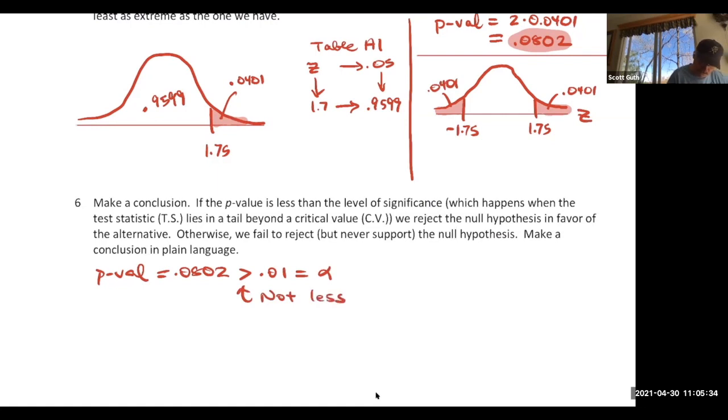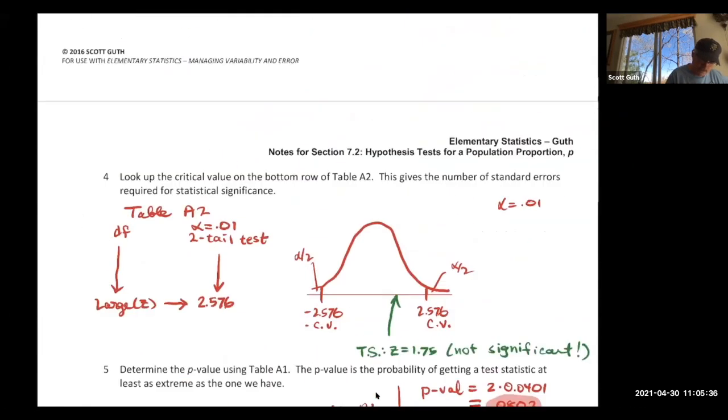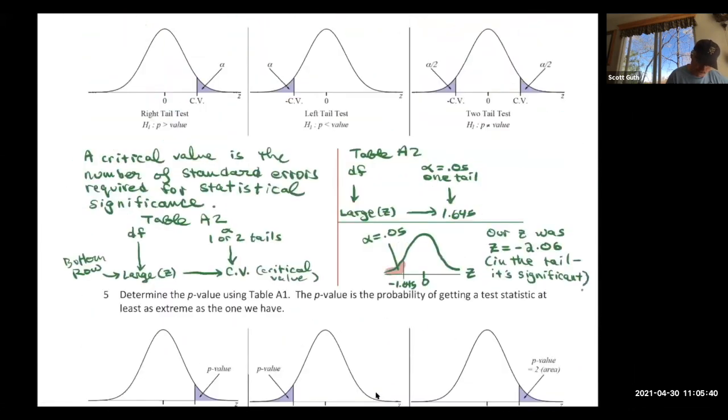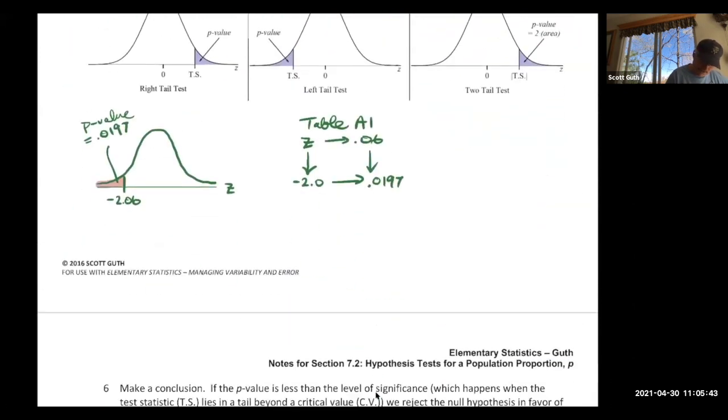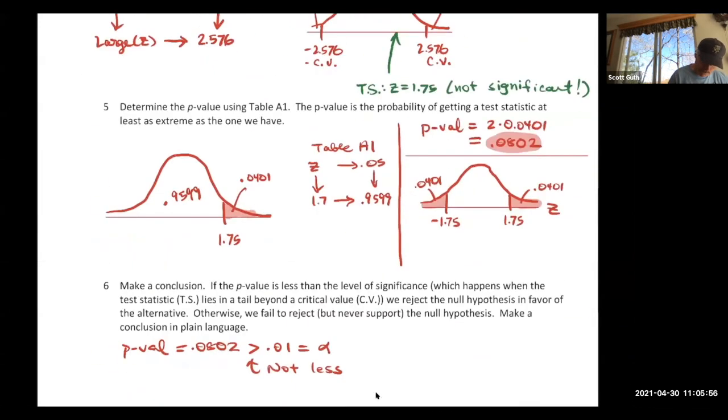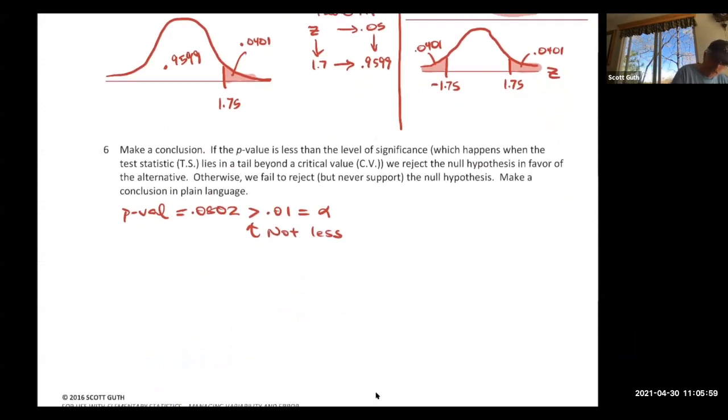Okay, so if you go back to the last one, I had said, where is it? Right here. When I said less means you reject the null hypothesis and support the alternative, I'm going to negate this. So on this one, I'm going to say not less means don't reject the null hypothesis.